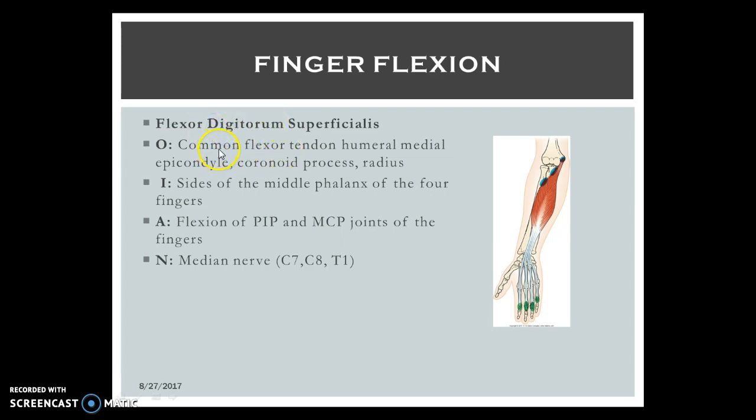The origin is the common flexor tendon, the humeral medial epicondyle, the coronoid process, and the radius, and it inserts on the middle phalanx of all 4 fingers. Flexion of the PIP and MCP joints of the fingers is performed by the flexor digitorum superficialis, and they're innervated by the median nerve.